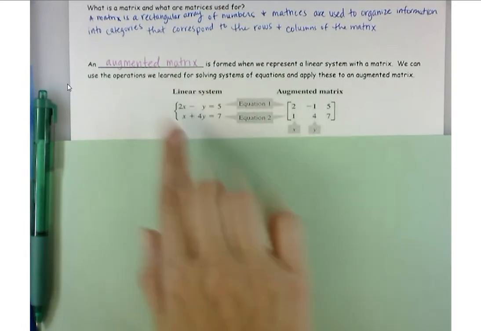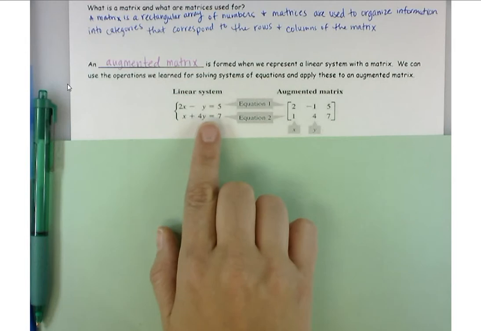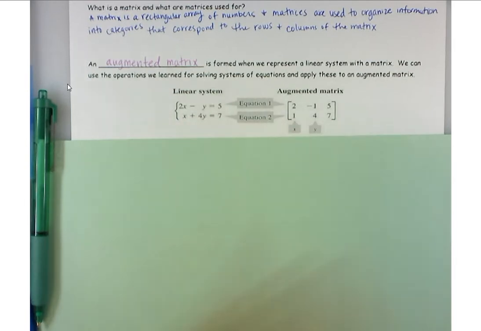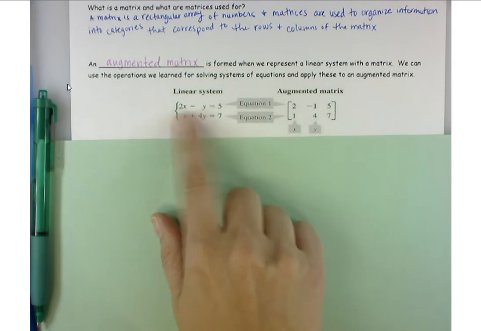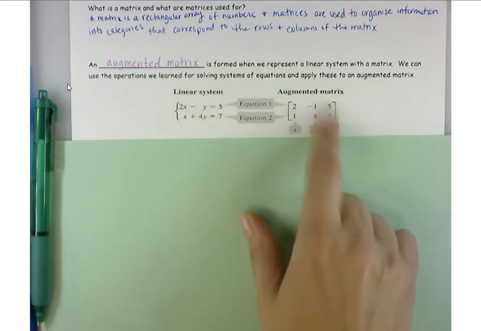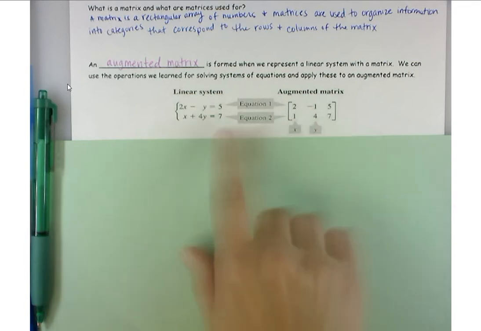Can anybody explain to me how this linear system got translated into the matrix? How would you tell somebody how to make it? Yeah, it looks like they just took the coefficients from the variables. Good. So you would take the coefficients here, so 2 and -1, and then this last column is going to be what it's equal to.